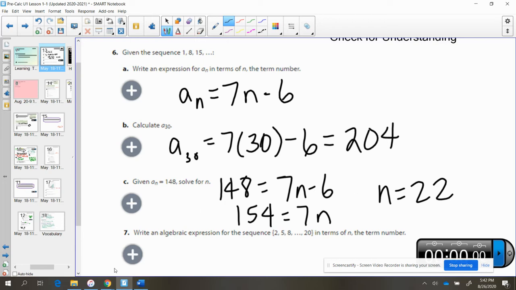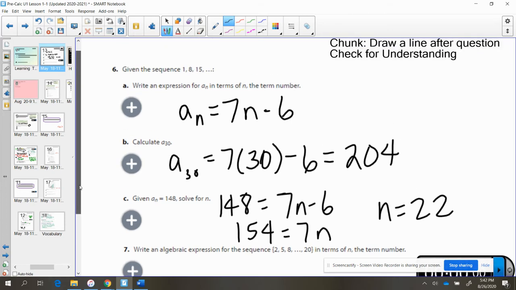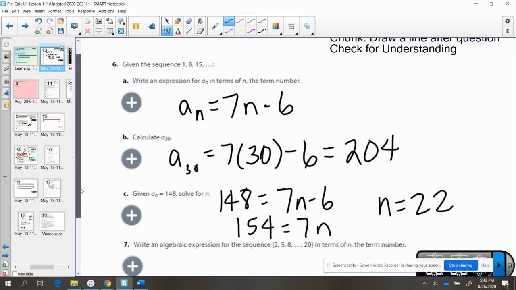Now, to make your life a lot easier than it probably was on 6A, many of you may be developing a little bit of a pattern for coming up with your algebraic expression. Notice up here, the pattern was that each time we had to add 7. Notice also the coefficient for n was 7.